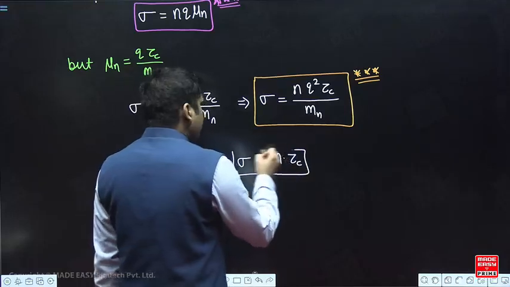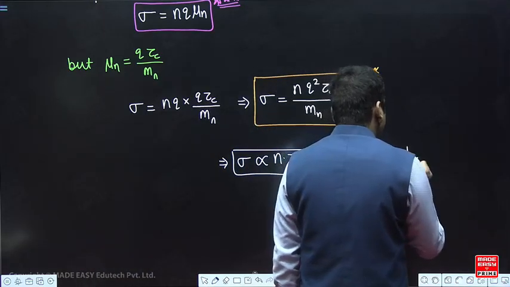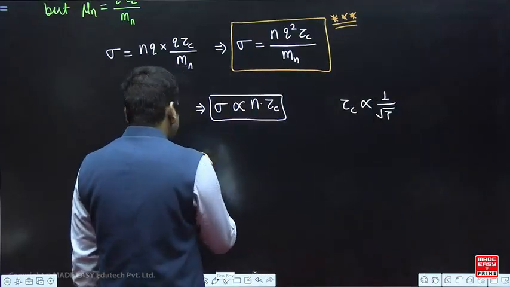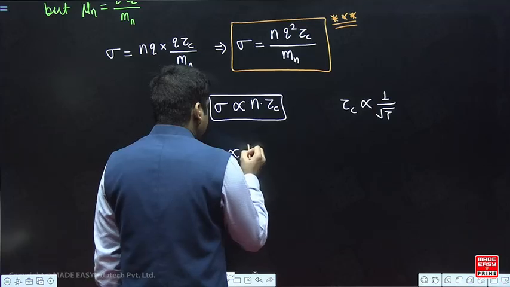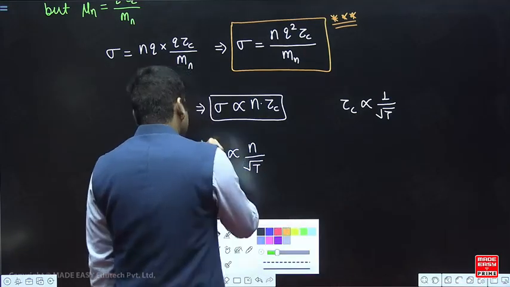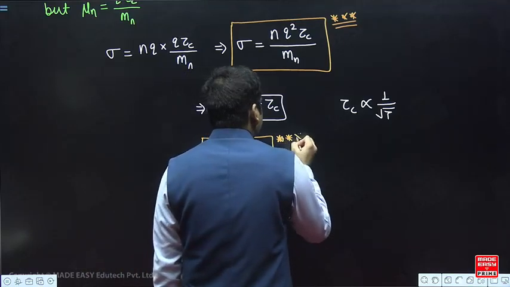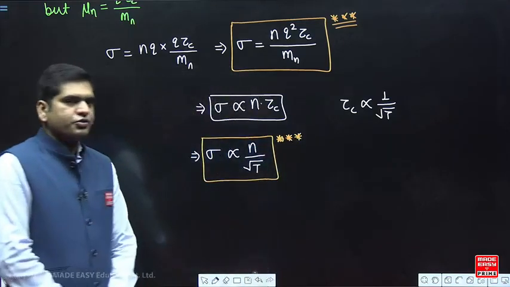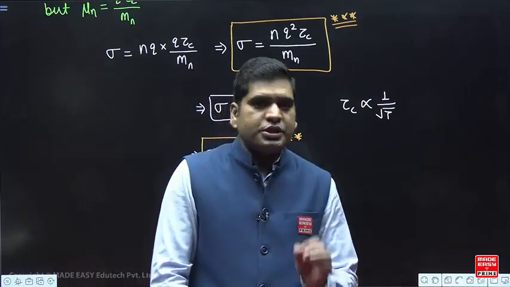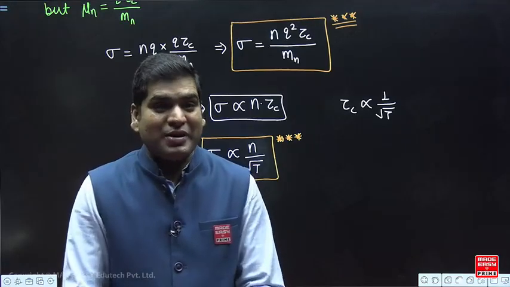I told you in the beginning that tau c is inversely proportional to root of temperature. So this relationship can be written as sigma is directly proportional to n by root of temperature, right? This is our conductivity expression. My dear friends, yesterday I told you that with increase in temperature, there is no increase in the number of free electrons in metals.